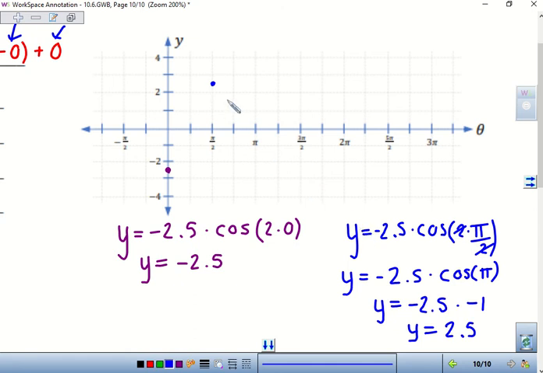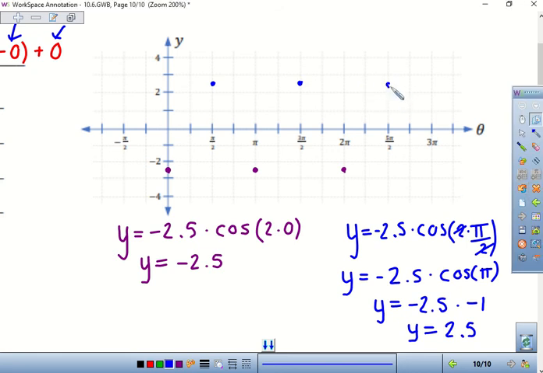Alright, so is everybody starting to see the pattern that this is going to take? So it's going to go down on this one, up on this one, down, up, oops, that's not on the line, down, up, and the 0 values occur on the ones that are in the middle.